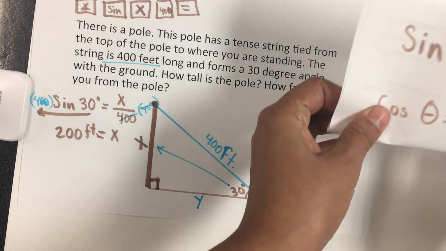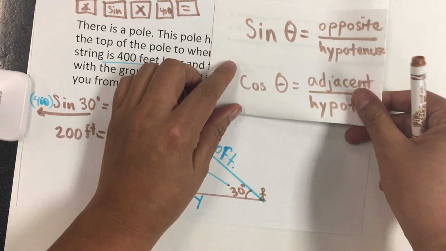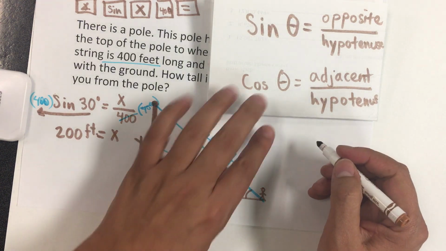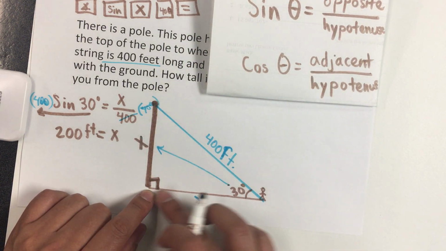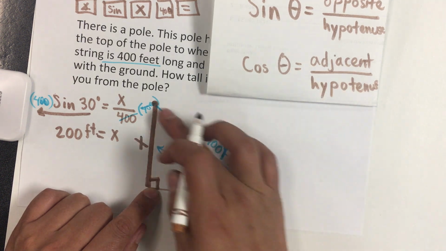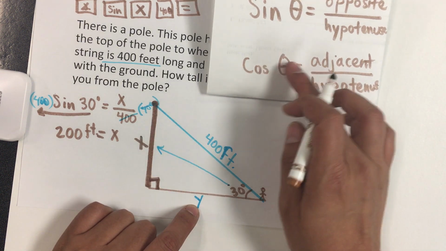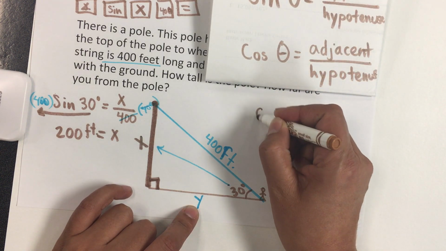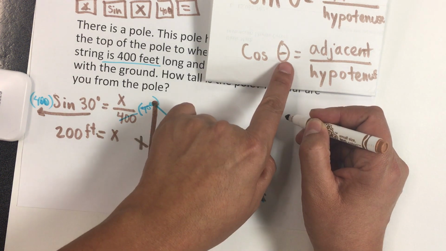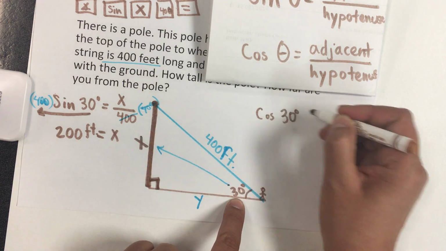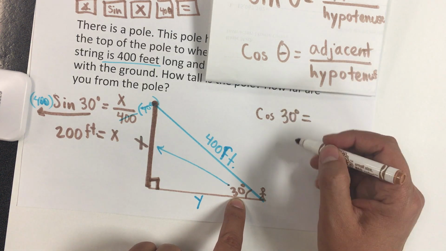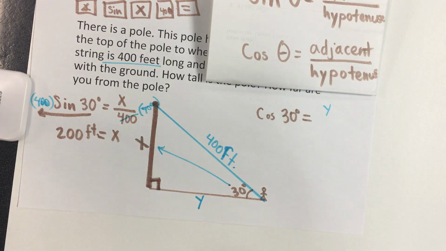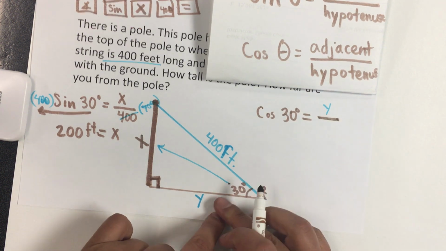Okay, so I don't know if to have this in here because it doesn't give me enough space to work. Okay, since I already have this, I'm just going to put it here, since you already have the word problem. So since we're talking about the adjacent side and the hypotenuse we already have, I can use the cosine to be able to figure out this side. So we're going to say that the cosine of, that represents the angle, which is 30 degrees, is equal to the adjacent side, which is y, over the hypotenuse.